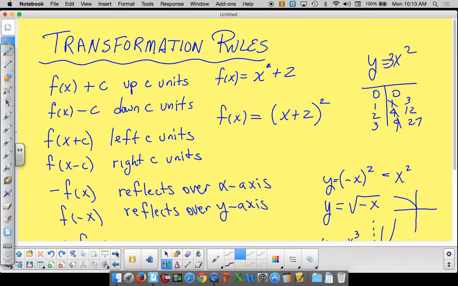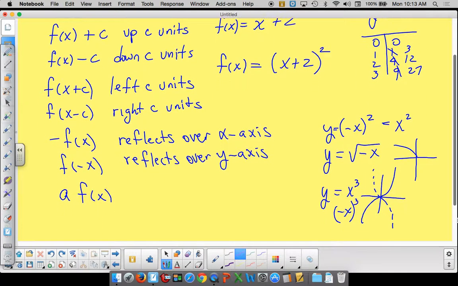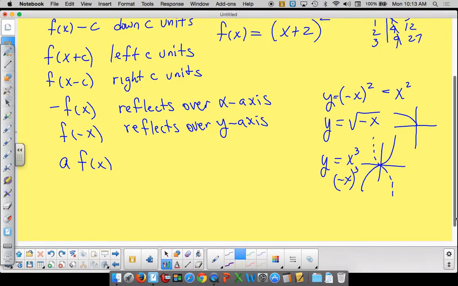The technical name, they would want you to say it's a vertical stretch. If a is a number bigger than 1, it's a vertical stretch. What if that number is a half, 2/3, if it's a fraction value? That would be a vertical shrink, yes.